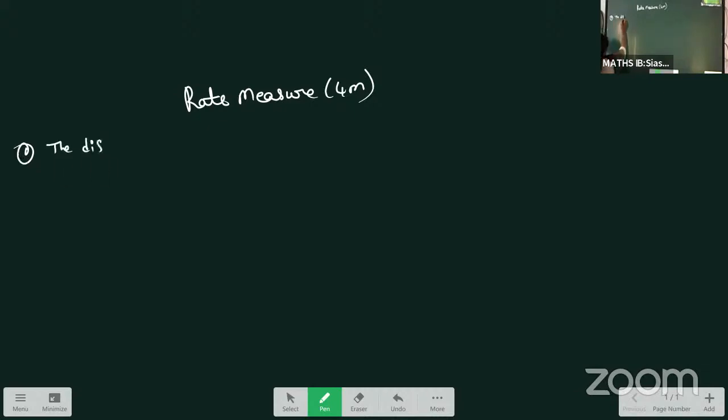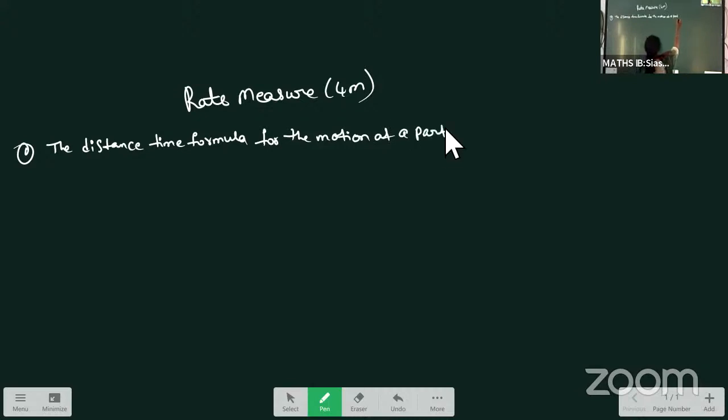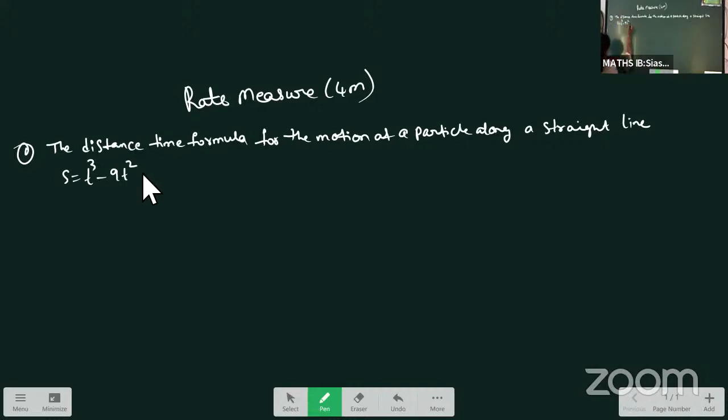The distance time formula for the motion of a particle along a straight line, S is equals to T cube minus 9T square plus 24T minus 18.